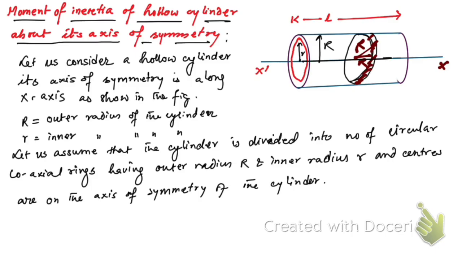So let us consider one more thing. Capital M is the mass of the cylinder, and small m is the mass of its ring.